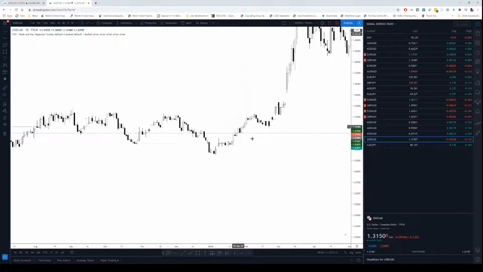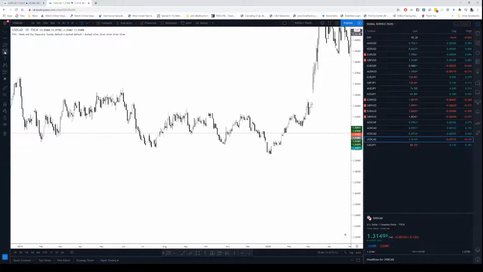Okay, so we do have consolidation, and then we have expansion, we have retracement, we have another expansion, and then price goes into consolidation again.